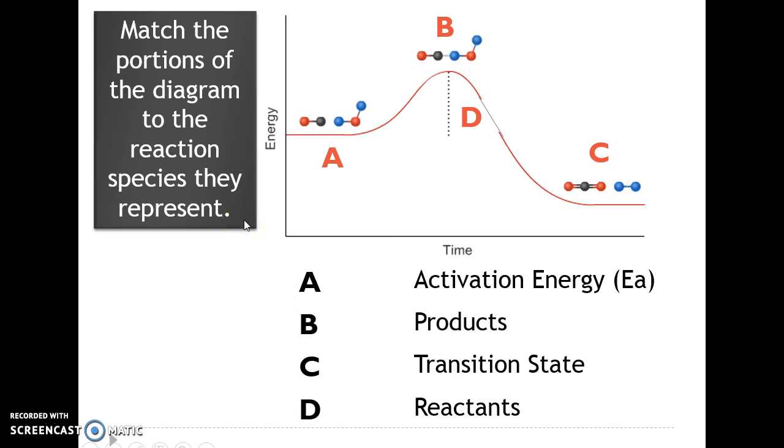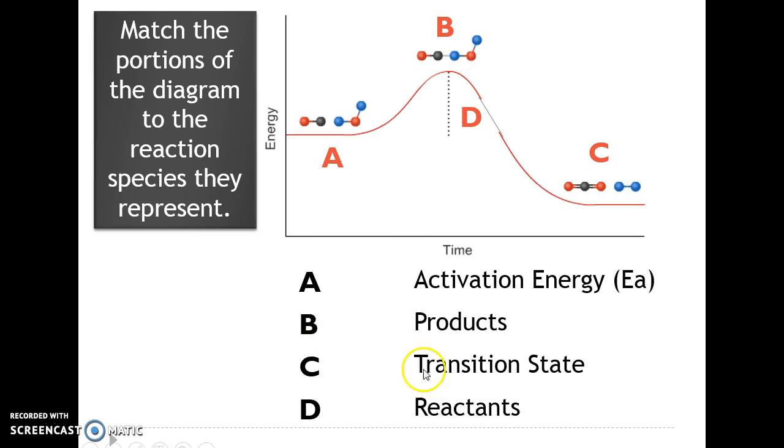Looking at this right here, we want to match the portions of the energy diagram to the reaction species that they represent. Letter A represents the reactants. Letter B represents the transition state.